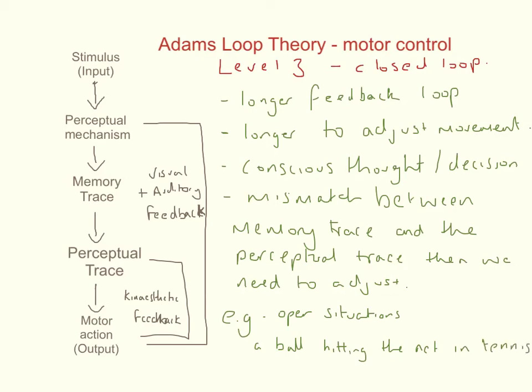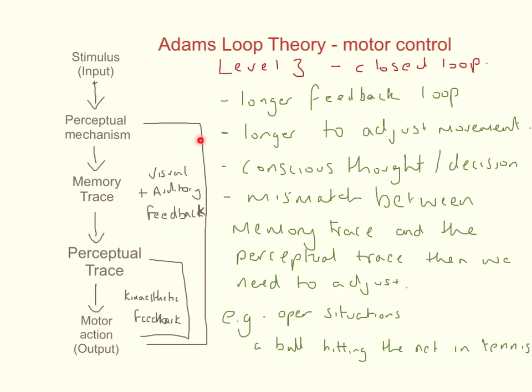Okay, because once the ball had been returned by their opponent, the performer would have put in place a motor program. Okay, and we would have had that movement into the position. So if it was coming onto their backhand, they would have moved into position and been prepared to perform a backhand. Let's say it's a backhand drive down the line. And once that ball hits the net, they then have to take that information in.